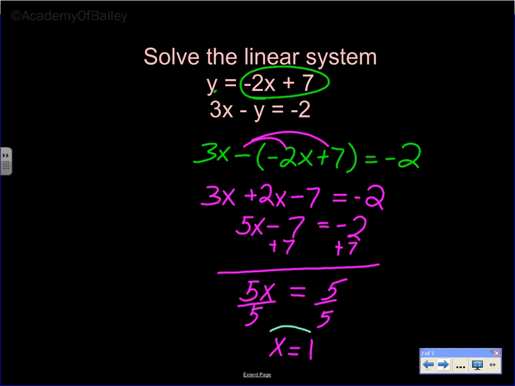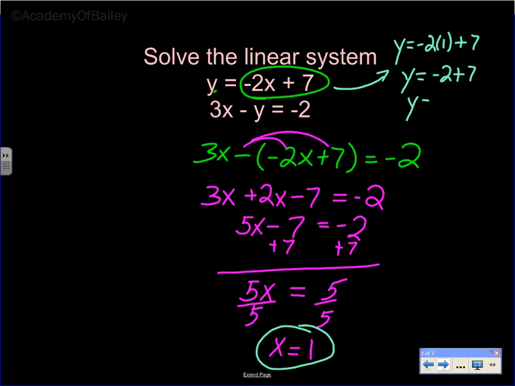So we're going to take x is equal to 1 and plug it right in here for x. So we know y is equal to negative 2 times x, which we found to be 1, plus 7. Y is equal to negative 2 plus 7, and then y is equal to 5.